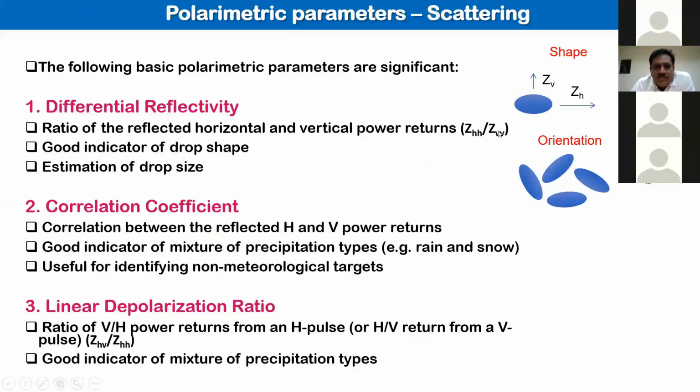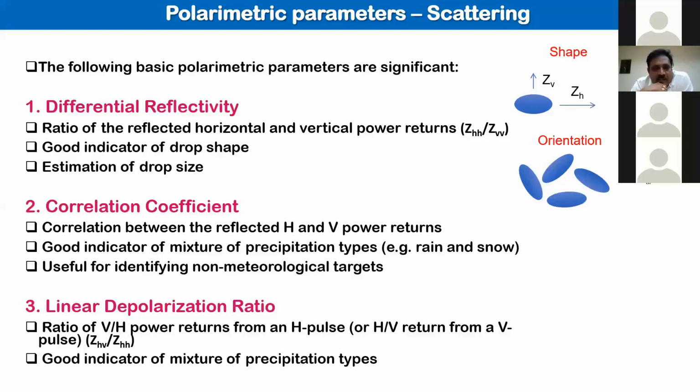That gives information about the drop shape. If it is an oblate shape drop, then you will get ZDR greater than 1. So you will come to know approximately what the shape of the raindrop is. Later I will show you how to estimate the raindrop size using this information, ZDR.